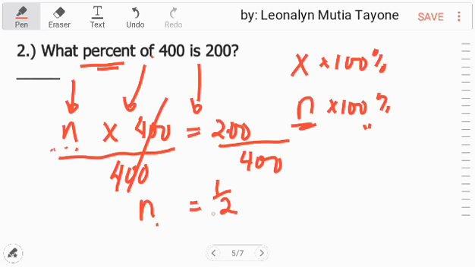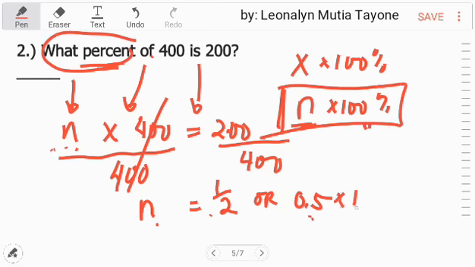N is equivalent to 1/2 or 0.5. Kasi what percent, i-multiply mo ng 100%, and that is 50%. So, ang sagot dito ay 50%.